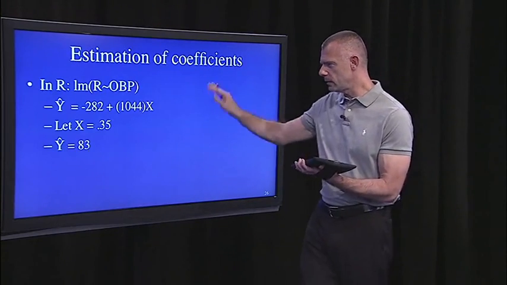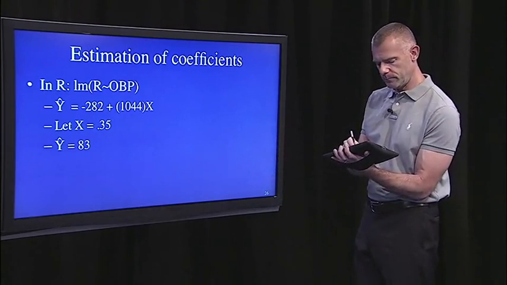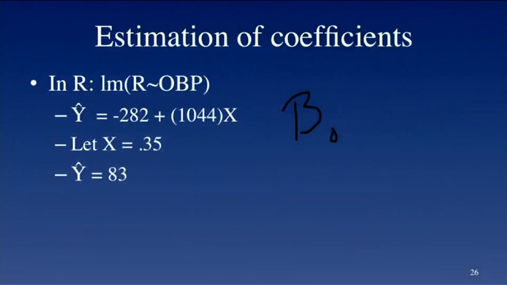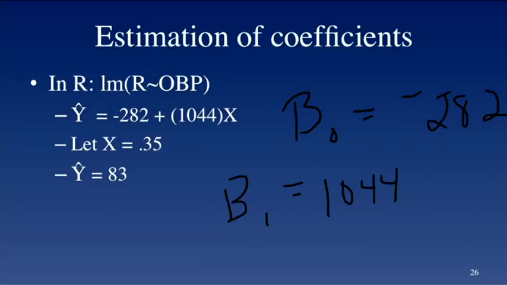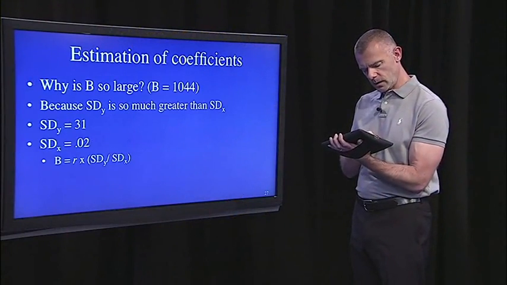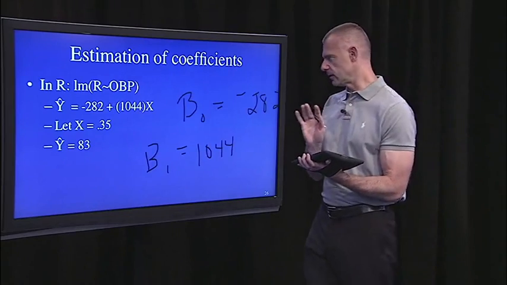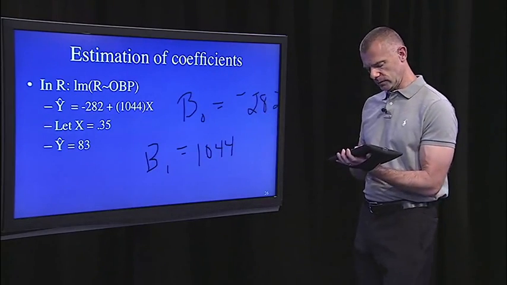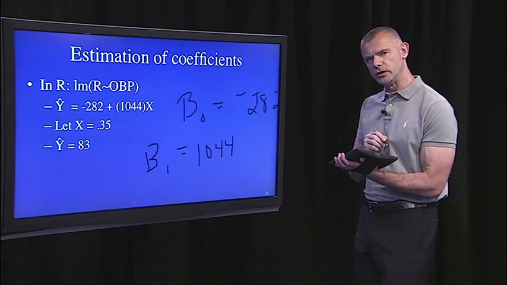But again, why are these values so weird? We have beta sub 0, the intercept, is negative 282. And beta sub 1, the unstandardized regression coefficient, is 1044. These numbers are a little hard to interpret. Why is that? First, before I advance the slide, let me deal with the regression constant. Why is this negative 282?